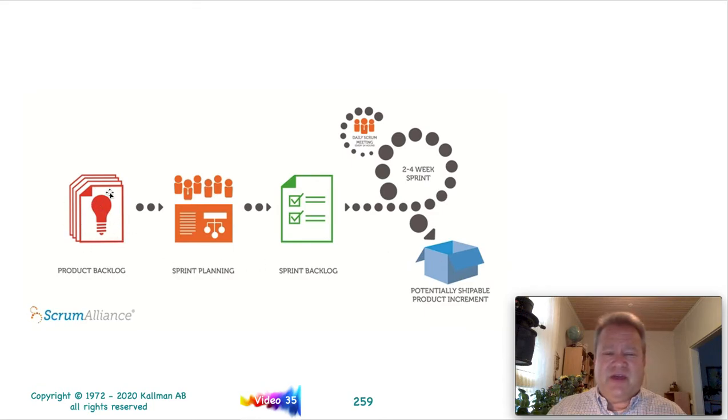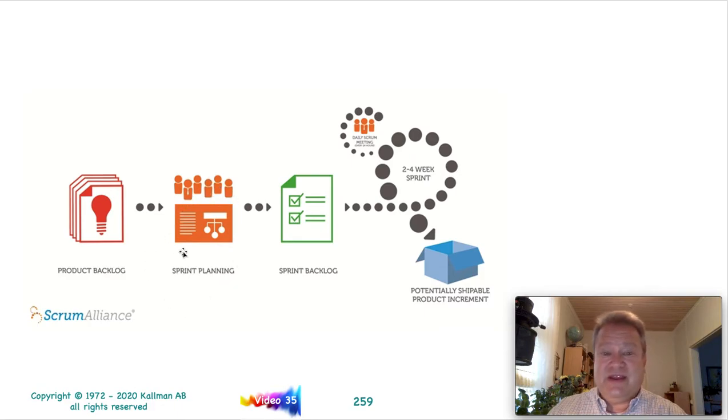And so you've got your product backlog, and then you have your sprint planning, and the team gets together, and from the long list, they choose the items that they believe are going to deliver the most value for this potentially shippable product increment.